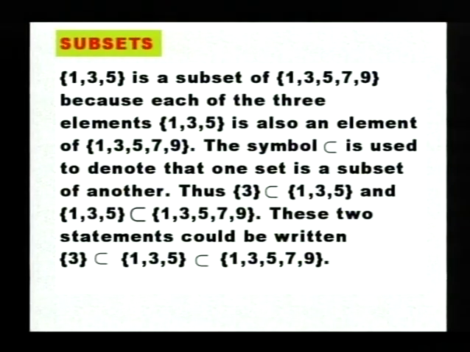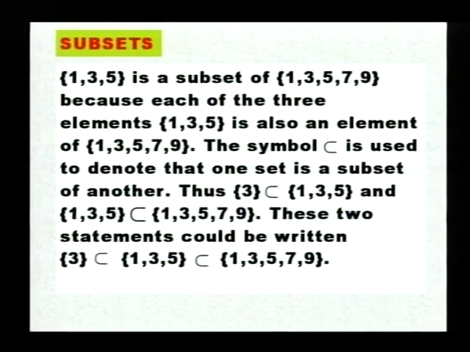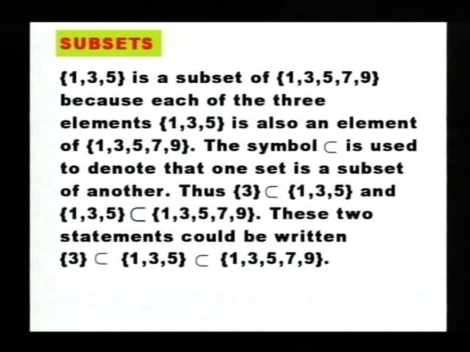So I'll just go through this. {1, 3, 5} is a subset of {1, 3, 5, 7, 9}, because each of the 3 elements, 1, 3, 5, is also an element of {1, 3, 5, 7, 9}. For instance, if we are talking about a set that involves the 11P class, then it means that a single student would be a subset of 11P because he's part of this class.